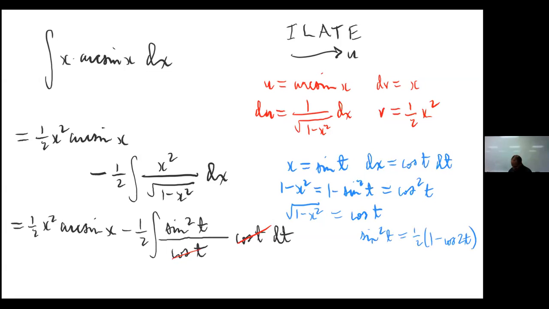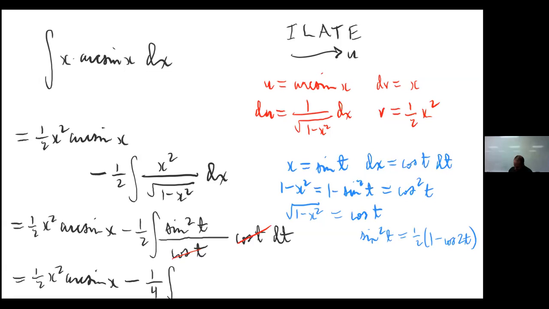Okay. So moving on. Writing this out, this is 1/2 x squared arcsine of x minus, okay, if I replace sine squared with that, that 1/2 is now going to be, what is that? A fourth? Okay.